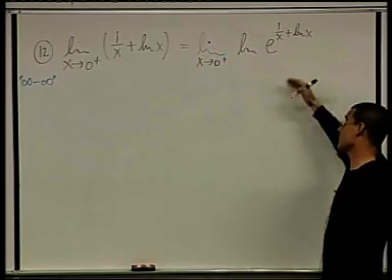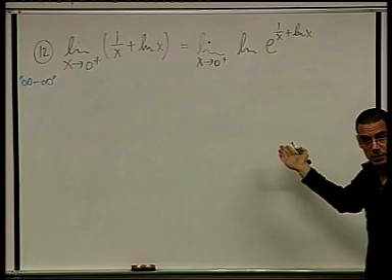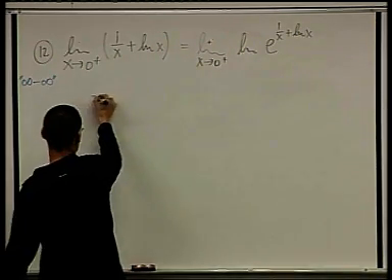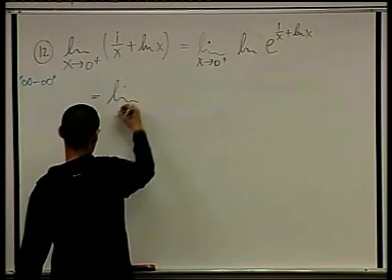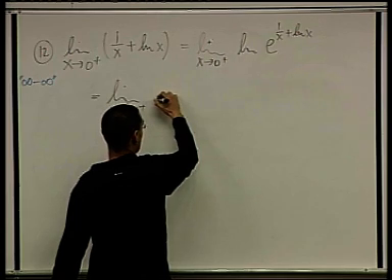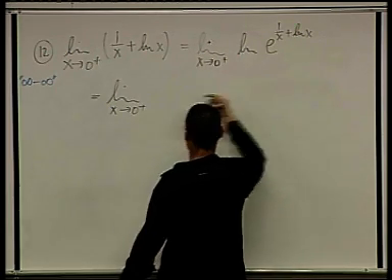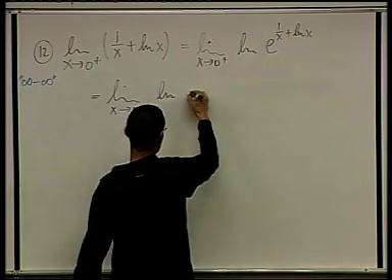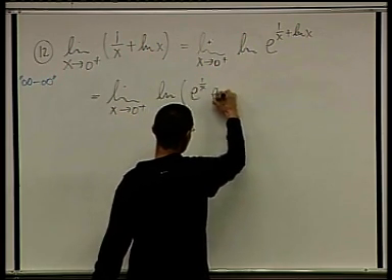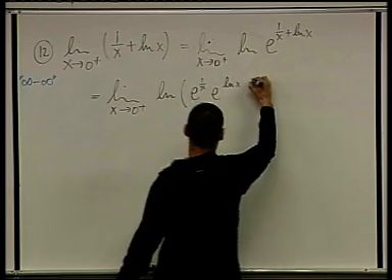Okay, so ln of e to the something is like doing nothing, right? This equals, and that's the reason I did it, limit x goes to 0 plus of ln of, and now I have e to the 1 over x times e to the ln of x.